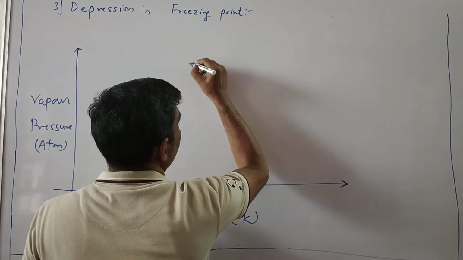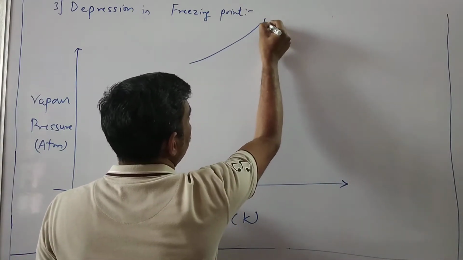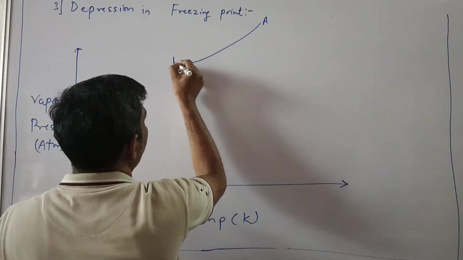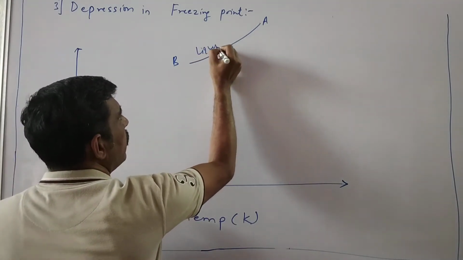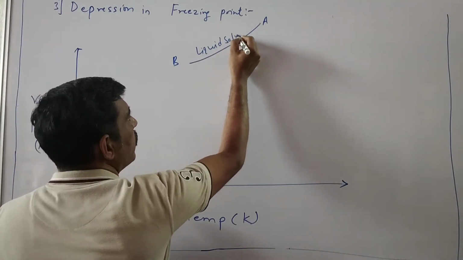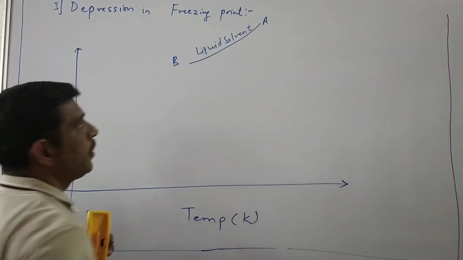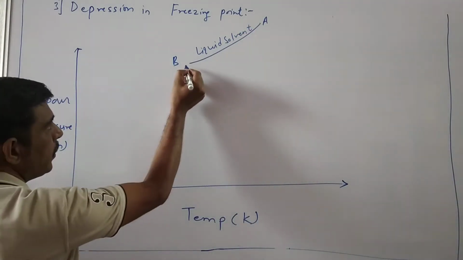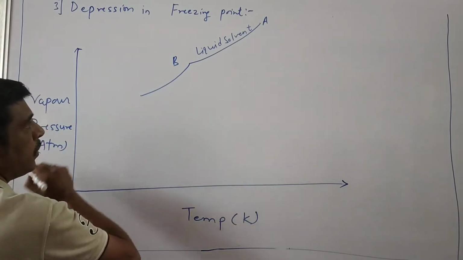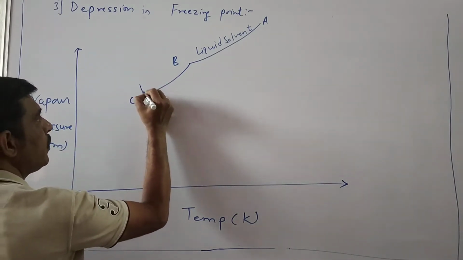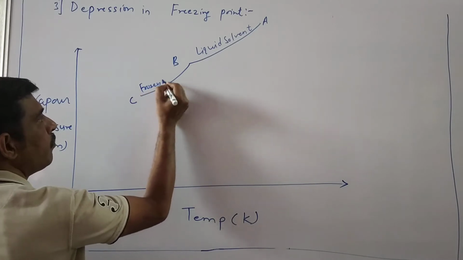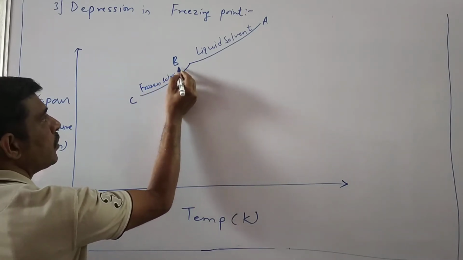Suppose this is one curve, curve AB. This curve is for the liquid solvent. Then from B to C, this is for the frozen solvent.